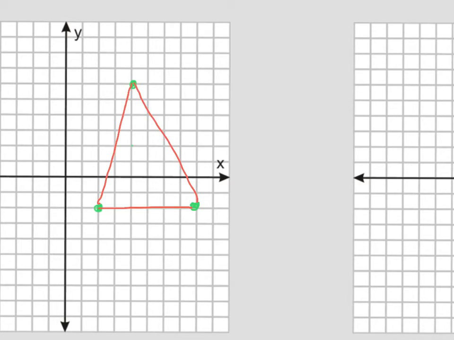Now I have to go from each vertex to the opposite side where a right angle would hit.